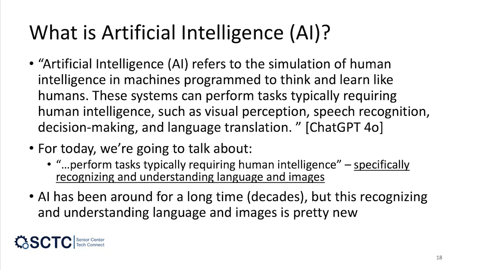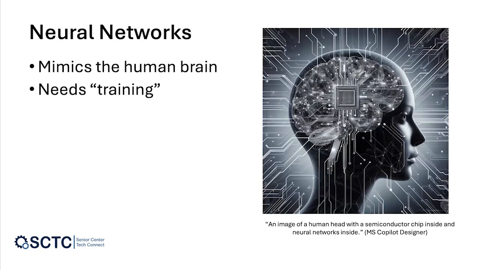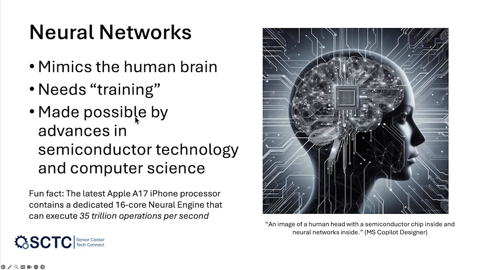They've developed these algorithms that allow AI to manipulate images. So you can see here, we're talking about neural networks. It does mimic the human brain. It does need training. My 5-year-old grandson right now, his neural networks are in training, right? And I mentioned this, it's possible by this.